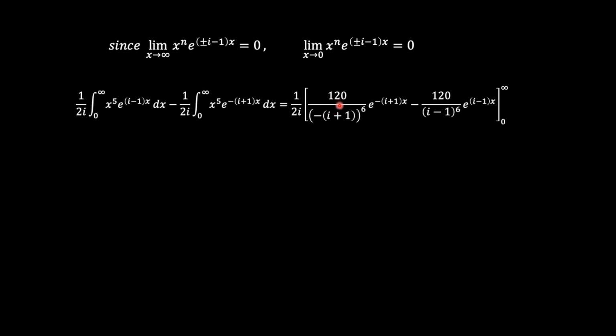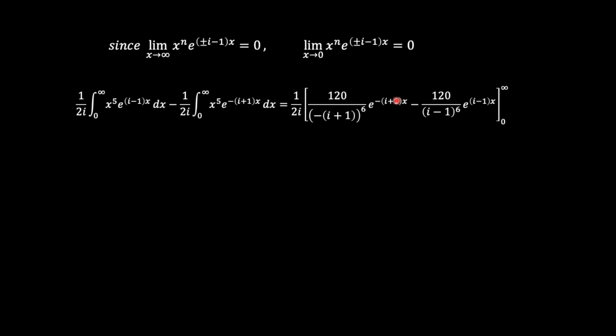So we have 120 over a here is negative i plus 1, we put that in brackets to the power 6 times e to the power negative i plus 1 times x, minus 120 over this constant i minus 1, which is the other constant, to the power 6 times e to the power i minus 1 x. And then we have to take into consideration the limits.